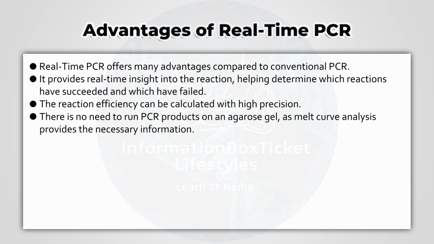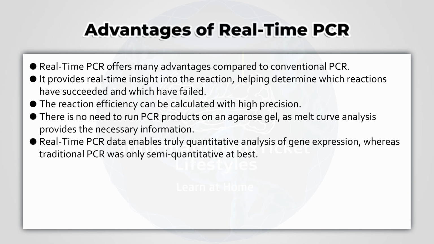There is no need to run PCR products on an agarose gel, as melt curve analysis provides the necessary information. Real-time PCR data enables truly quantitative analysis of gene expression, whereas traditional PCR was only semi-quantitative at best.